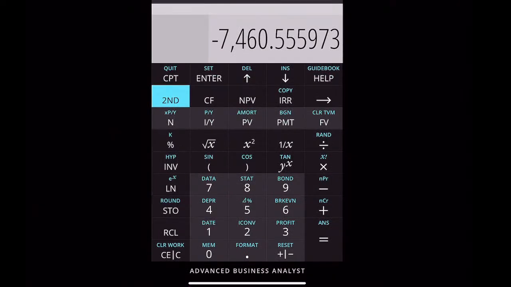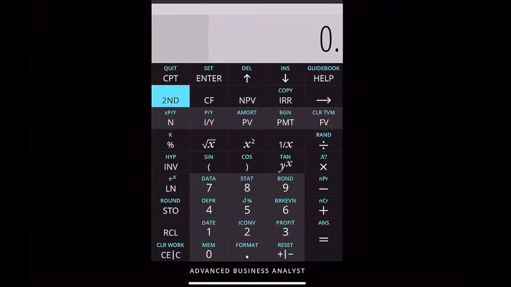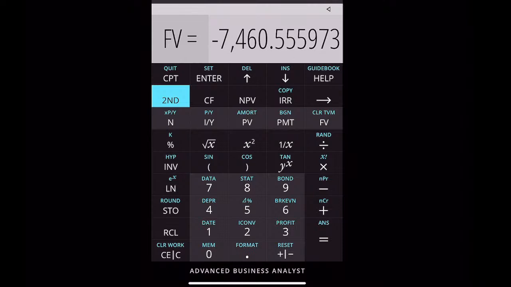So store 1, and then for how many periods? I said 4 periods. Okay, so remember, even though we start here, the formula applies 1 period before, and that leaves us 4 periods to discount. So it's 4 periods to discount at 10%. There are no payments, but we're going to recall this amount and put it into FV and compute the PV.